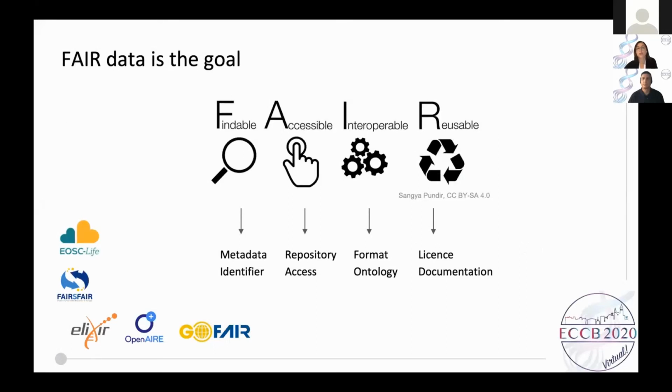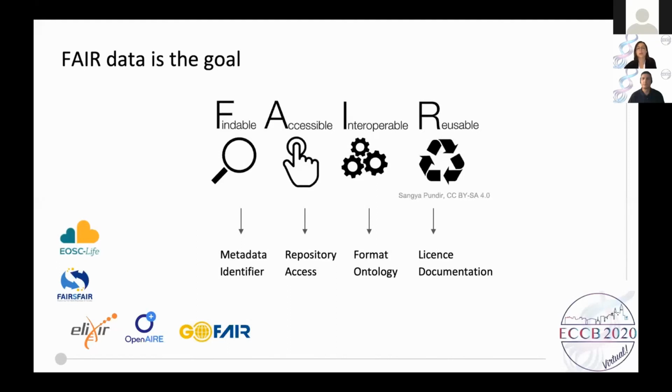As you may know, FAIR stands for findable, accessible, interoperable, and reusable. To summarize briefly this concept, a dataset is findable when it's well described and metadata are provided, and also when there is an identifier associated. Accessible refers to the clear explanation of who, when, and how can access the data, and usually accessible data are in a public repository.